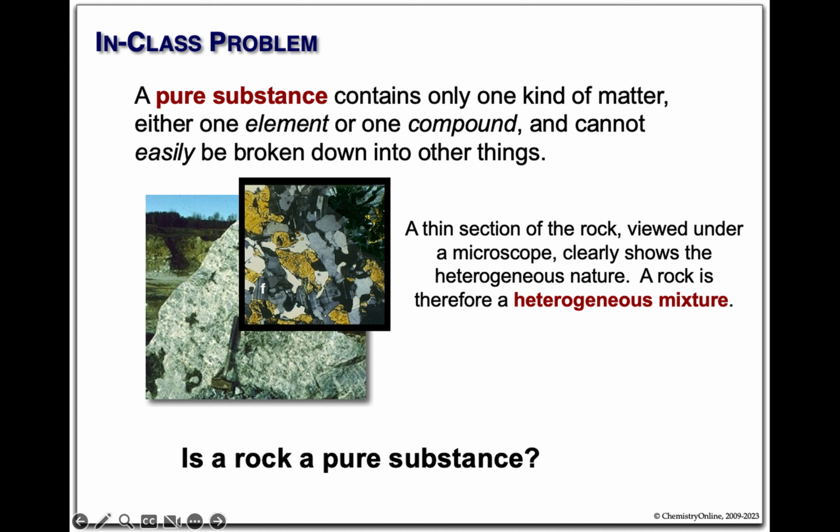The rock is actually an aggregate. Sample sizes. If we take a sample here, totally different composition than the sample here. So the rock is a heterogeneous mixture, just squeezed together.